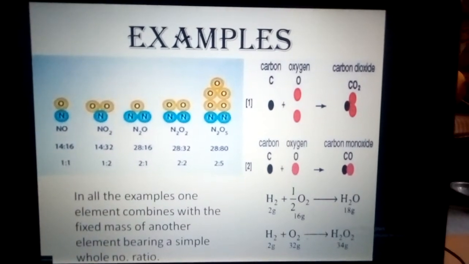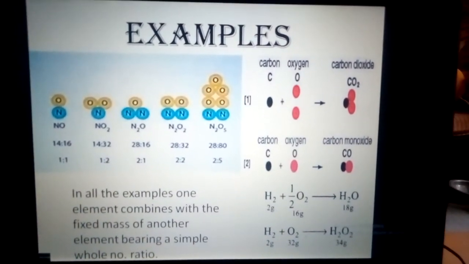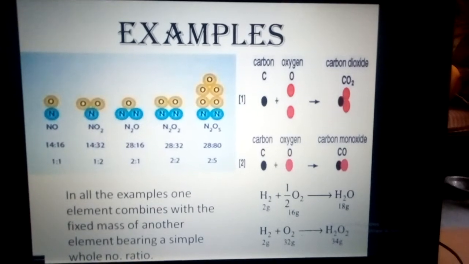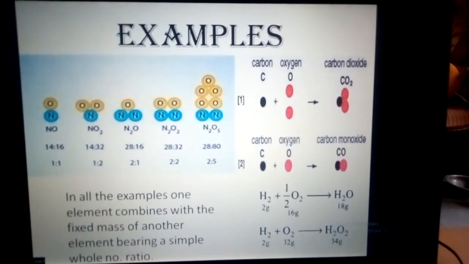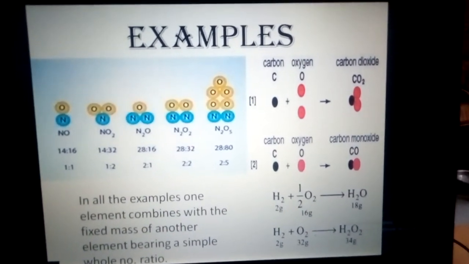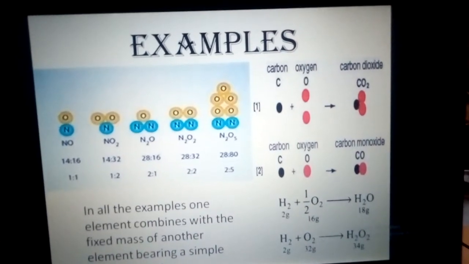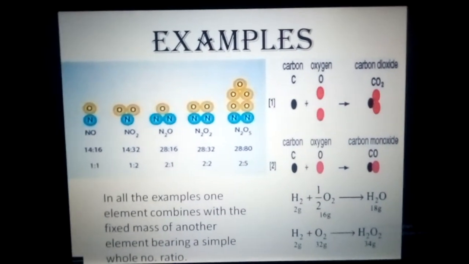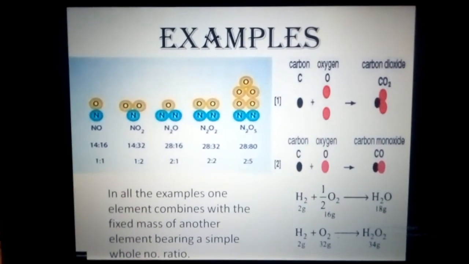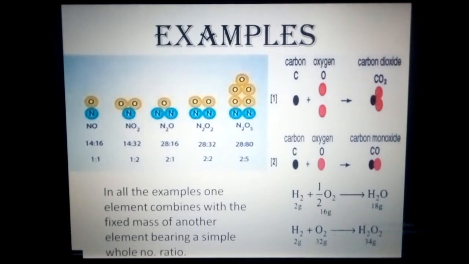Let's see another example. Carbon and oxygen react to form two compounds, carbon dioxide and carbon monoxide. Here, if we fix the mass of carbon as 12, then the ratio in which oxygen reacts with carbon is in small whole number ratio, that is 1:2.